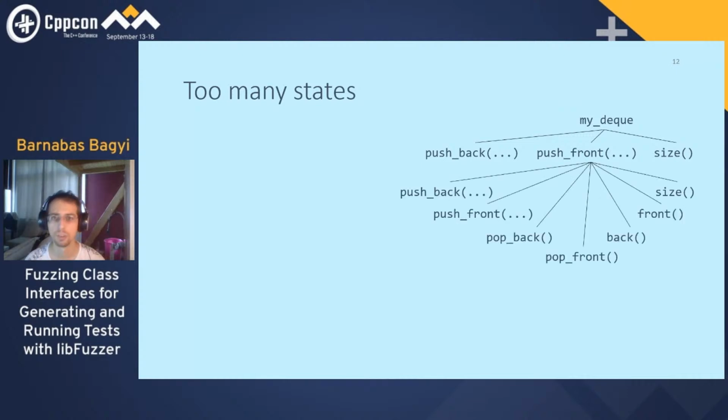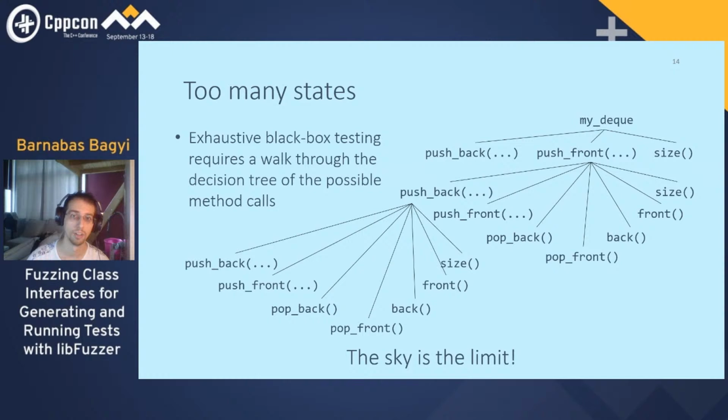But if we decide to call push_front, the number of possibilities explodes, showing 7 new ones now. And here we have lots of possibilities. Maybe we call pop_front, we return to the deque having 0 elements and having 3 different options now again. But if we call a push_back again, it reveals the same 7 possibilities like before.